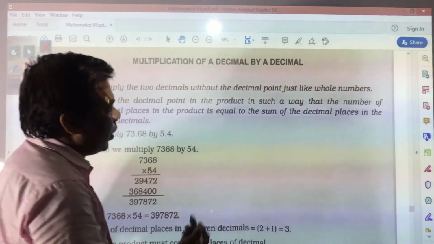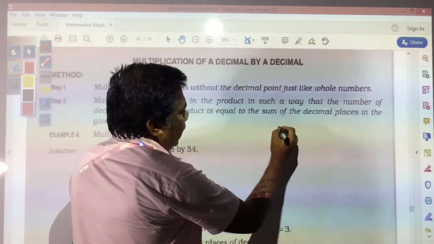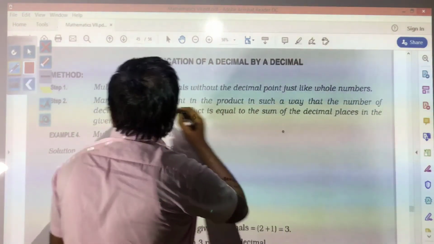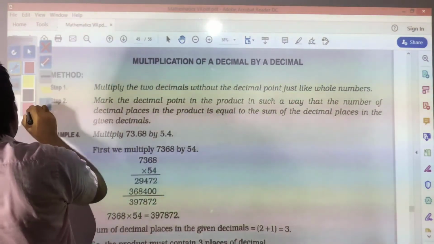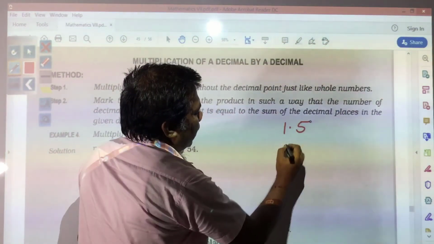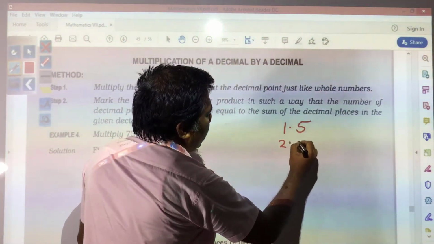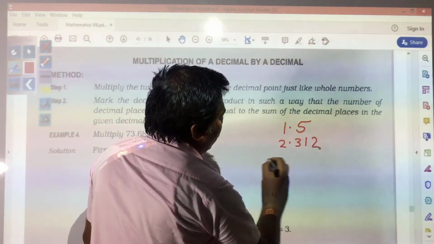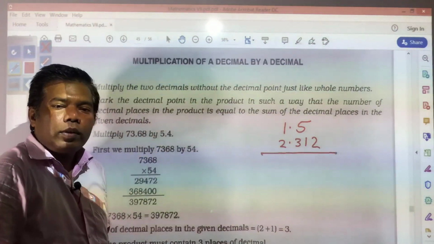Again, the same thing is required to be done. Take very simple examples. Suppose you have 1.5 and 2.312. You need to multiply this.